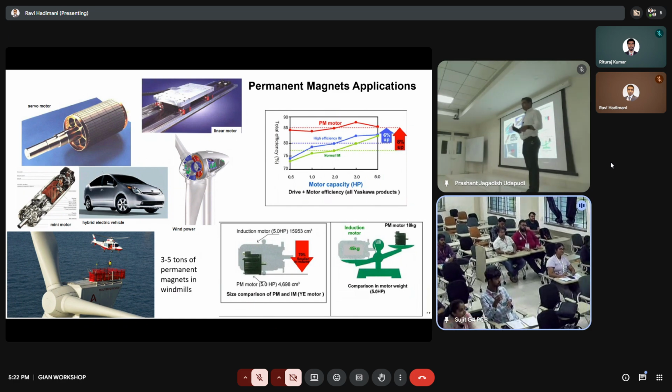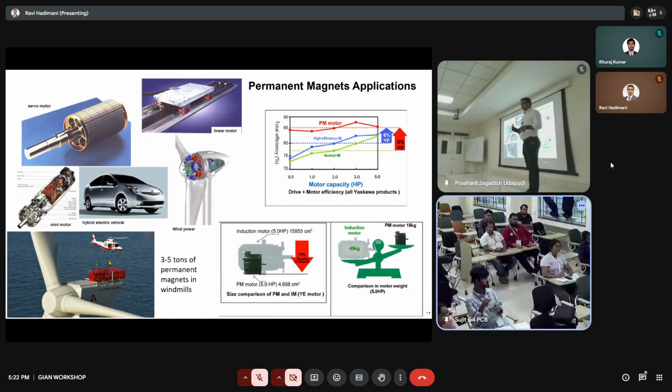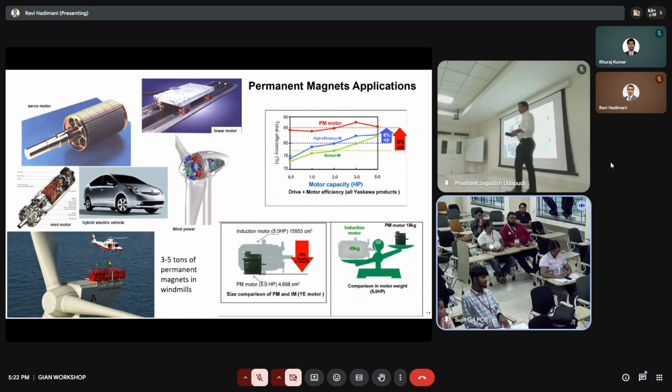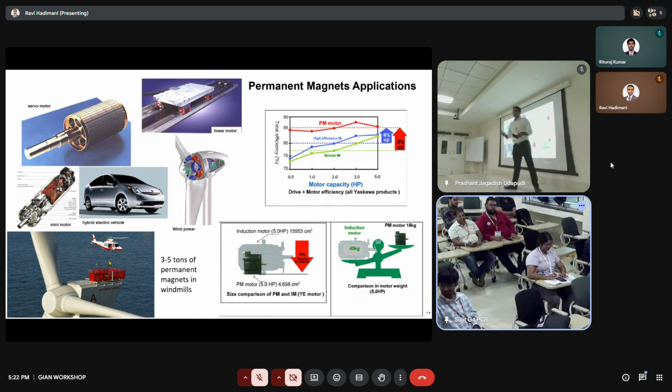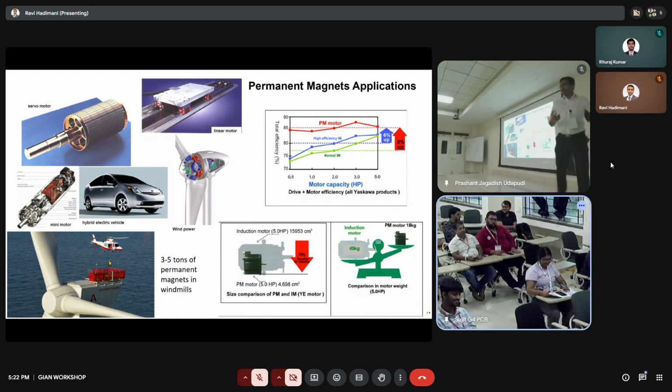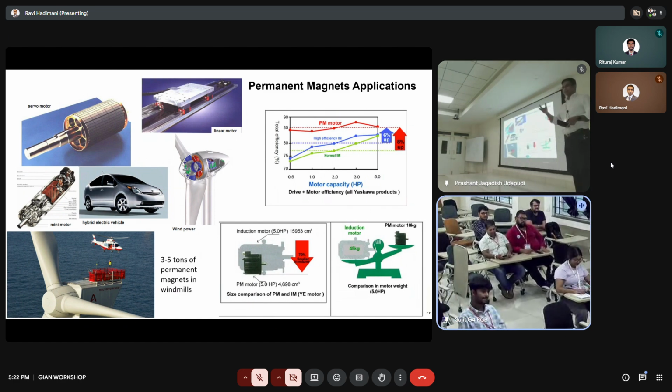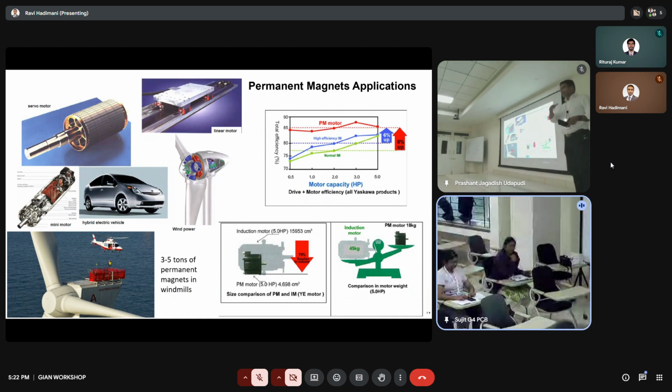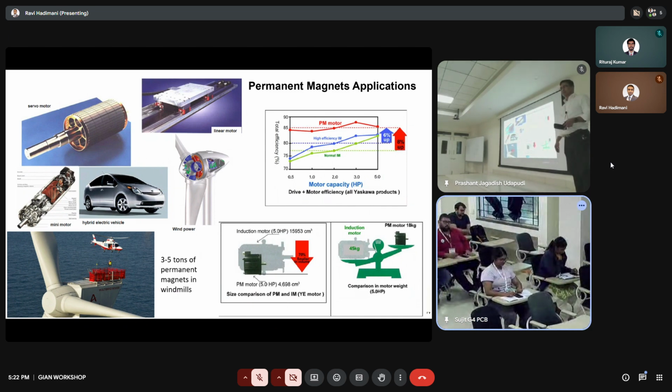You know what their share is? How much is their share of permanent magnets across the world? 95 percent. They control the permanent magnets. Any permanent magnet you see has invariably come from China.